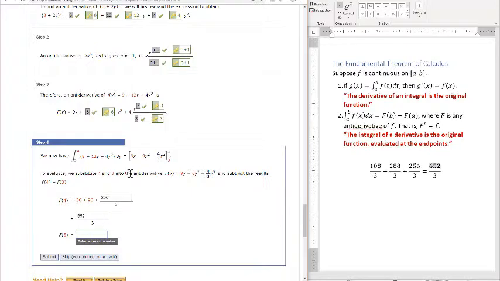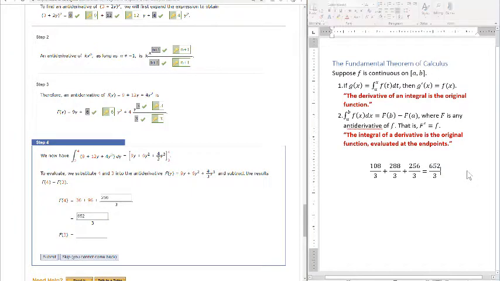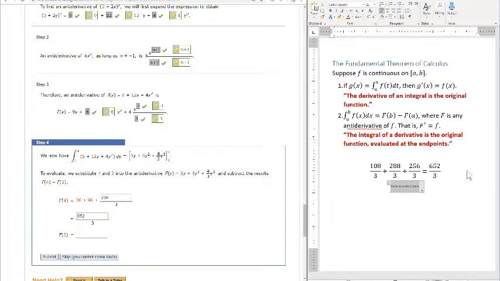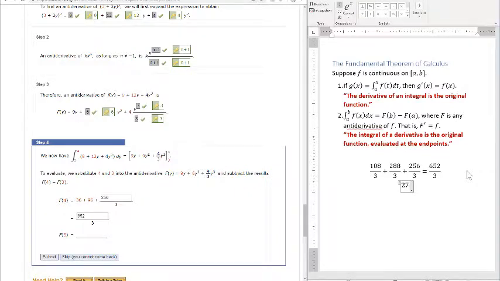So this is going to be 9 times 3 plus 6 times 3 squared, and 6 times 9 is 54. And then we're going to have 3 cubed, and that's going to knock out one of the 3s, so that's just going to be 3 squared times 4. 9 times 4 is 36.